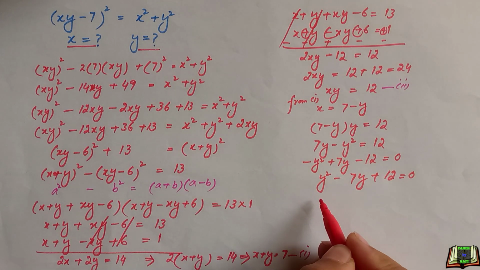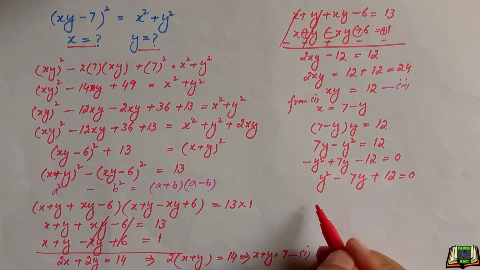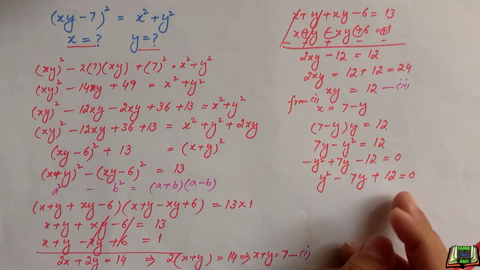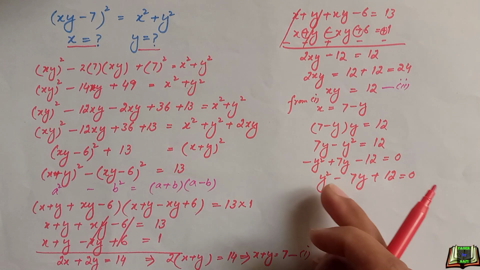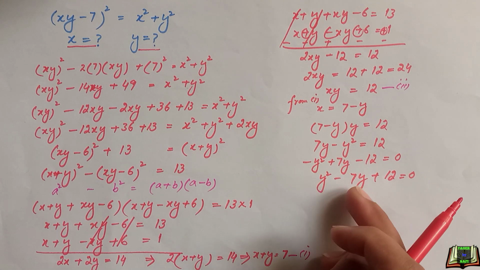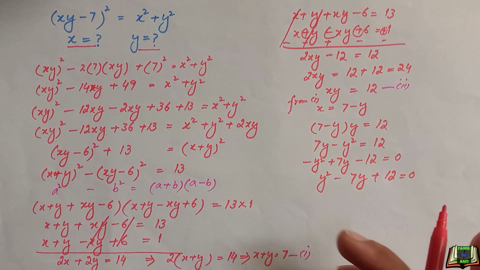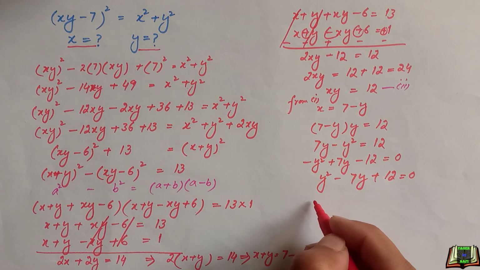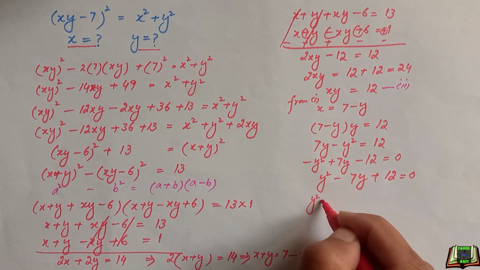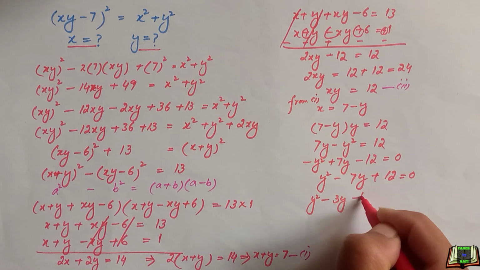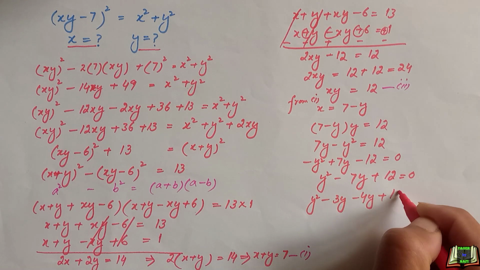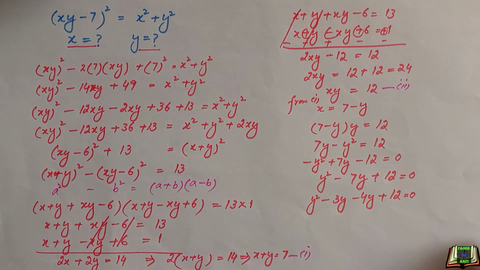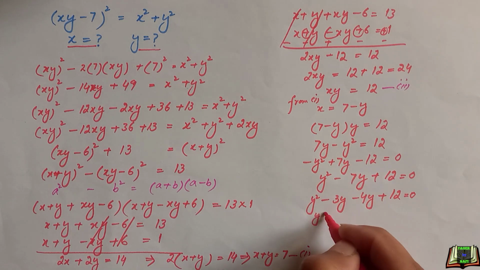Here we are going to use the factorization method to solve this quadratic equation. After multiplying, we have to get 12y², and after adding or subtracting, we have to get −7y. So y² − 3y − 4y + 12 = 0. These are the factors of this quadratic equation.